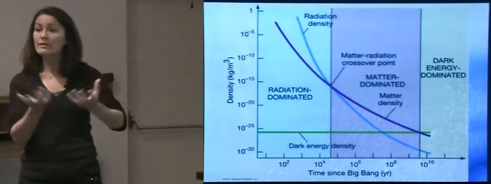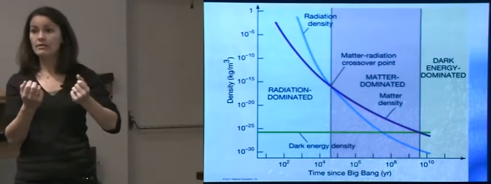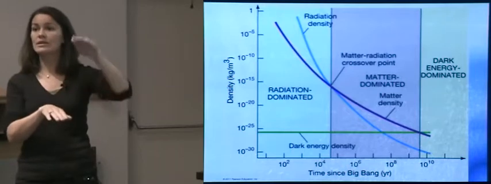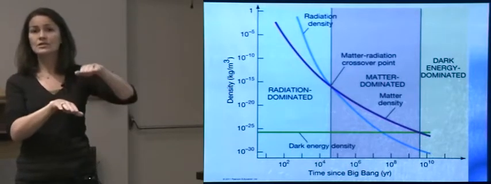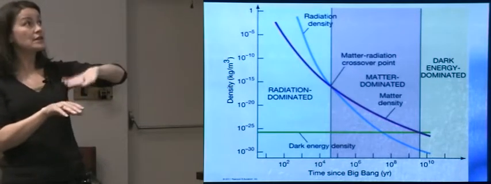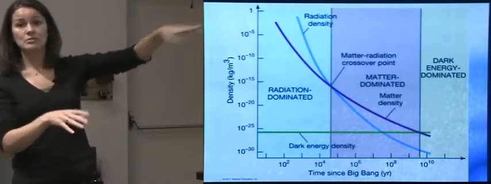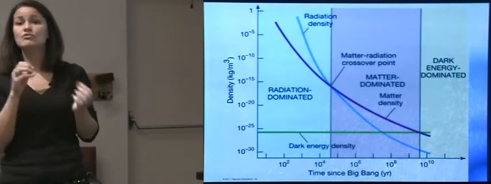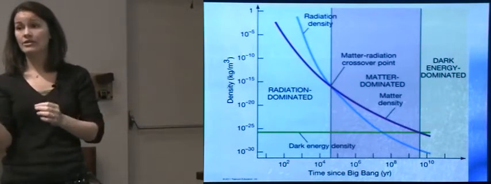The total amount is still 100%. It's just the distribution between dark matter and dark energy. The total amount of energy in the universe is still 100%. As the universe expands, the amount of energy in dark matter decreases, and dark energy stays constant in this picture, but the total amount is still constant. It's just the relative amounts that are in radiation, dark matter, and dark energy.